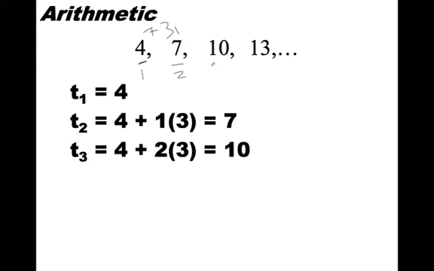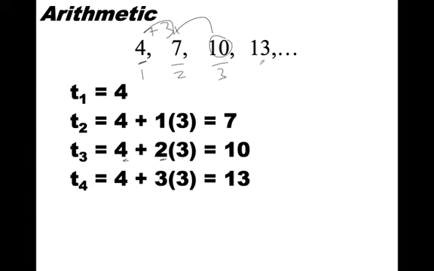Term 3, I start at 4, and now I'm adding 2 jumps of 3. So I start at 4, I go once, twice, 2 jumps of 3 to get over to 10. Term 4, again, I start at 4, and I'm adding 3 jumps of 3. So I start at 4, 1, 2, 3 jumps of 3.